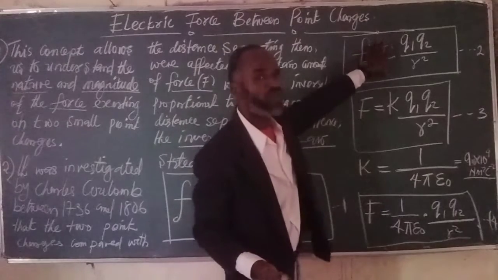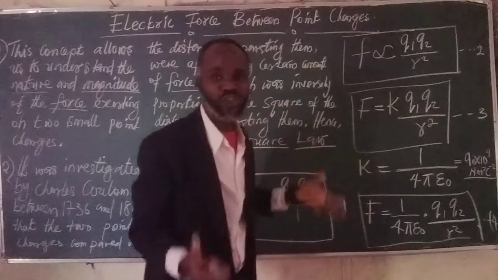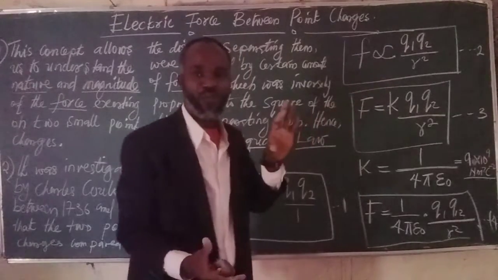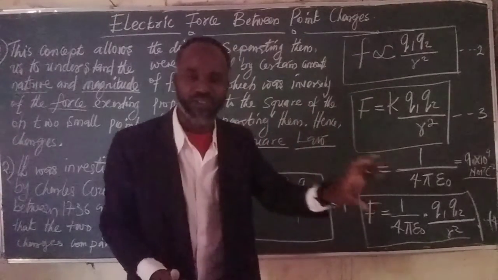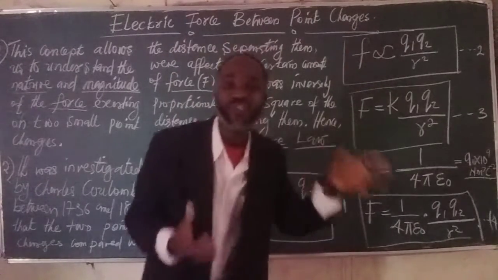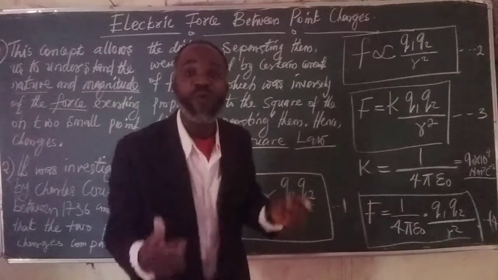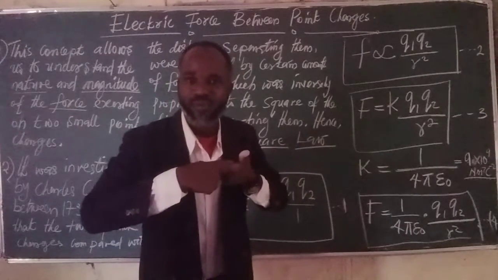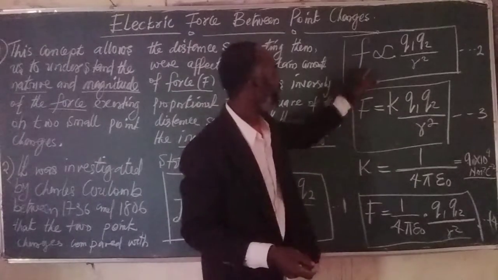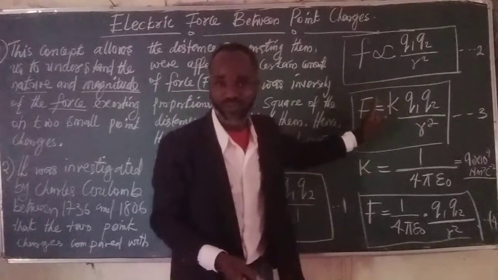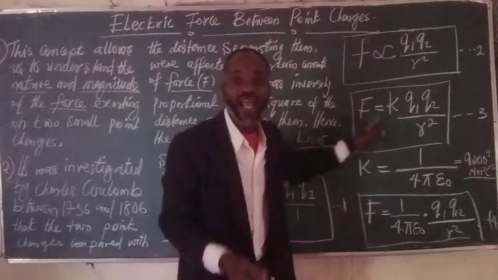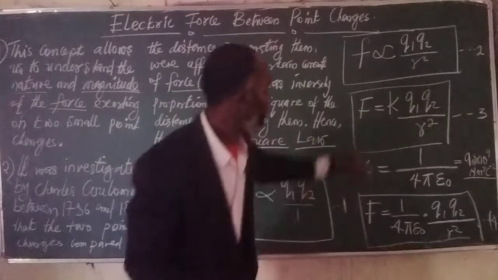But there is something here. We cannot use this to estimate the magnitude of the force, nor can we use this to estimate the nature of the force. Therefore, we need a connector. We need a link. And that link comes in by the time we introduce an equality sign and a proportionality constant, K.